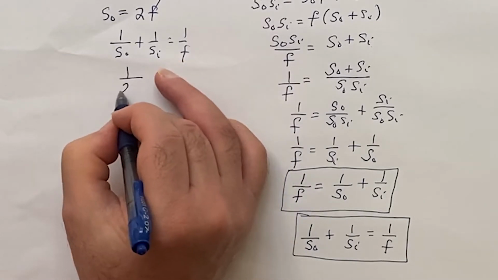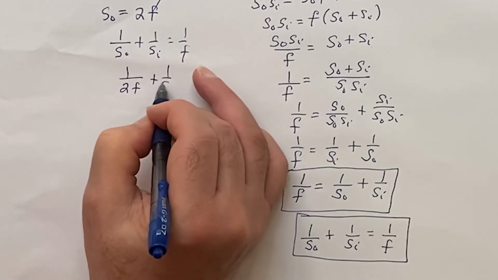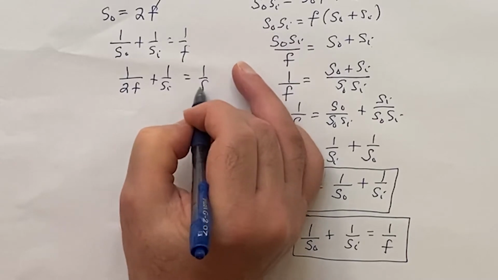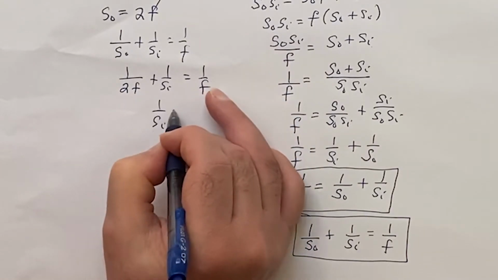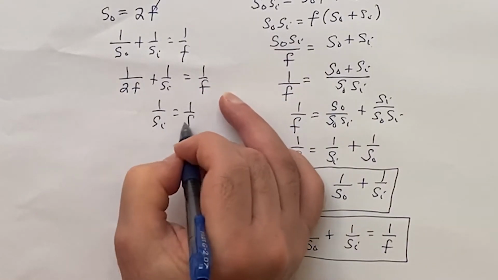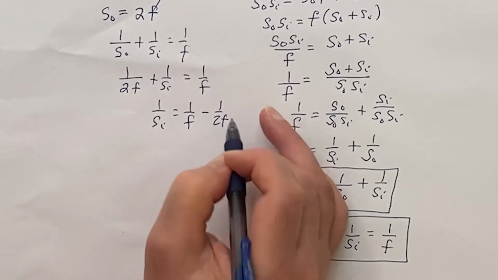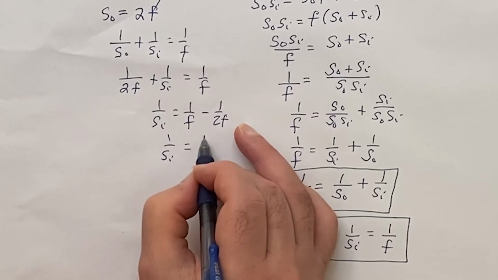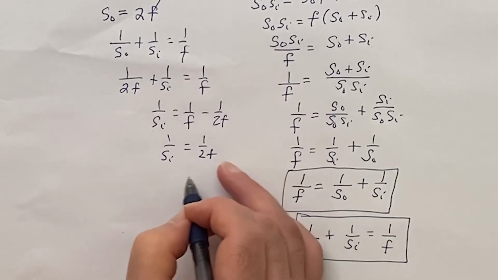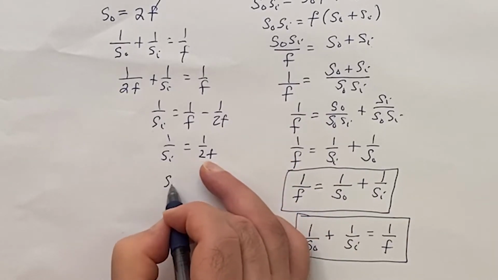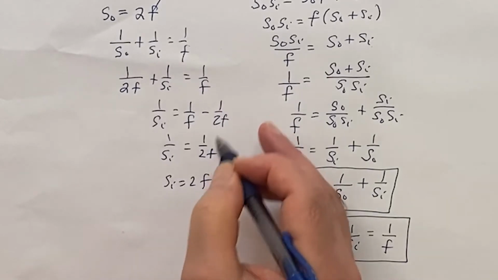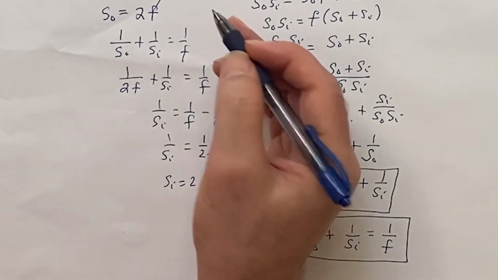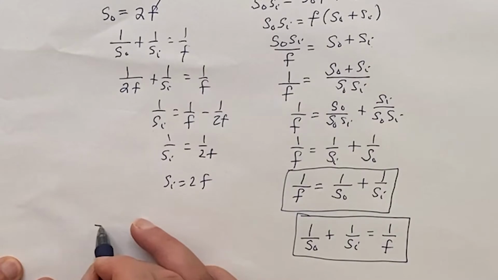You'd have 1 over 2F plus 1 over SI is 1 over F. And then 1 over SI would be 1 over F minus a half. So 1 over SI would be 1 over 2F, and that means SI is 2F, and see, it's positive. So this is the case that I was telling you about.